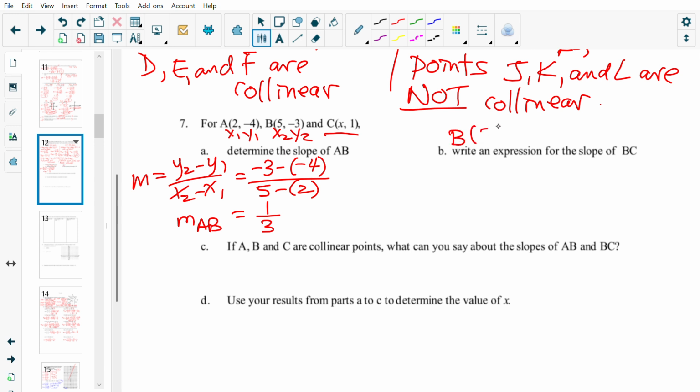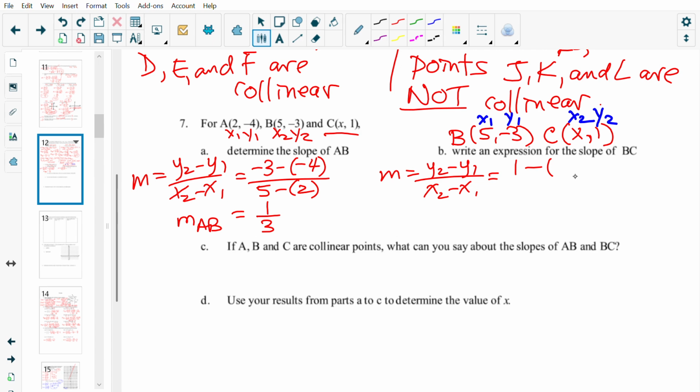Write an expression for the slope of BC. So let me write BC again. B is 5, negative 3, and C is x, 1. So that's x1, y1, x2, y2. Let's make an expression for the slope. y2 is 1, y1 is negative 3.